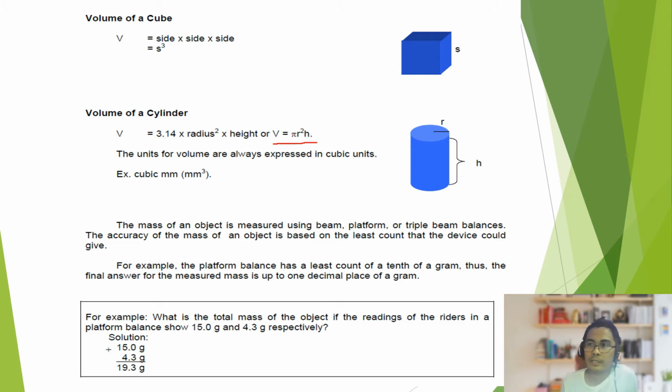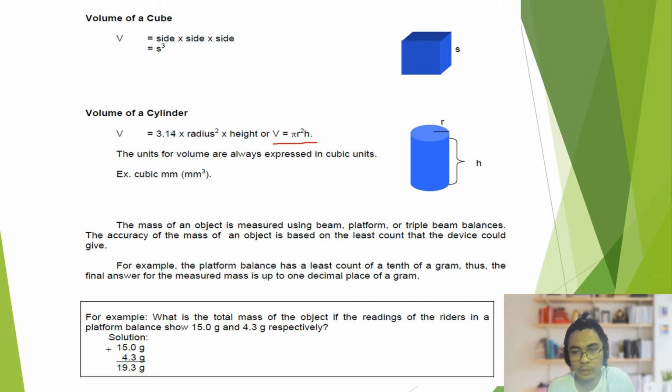And there are devices naman na some sort of that will only give us a rough estimate of that mass, okay? For example, the platform balance. So itong yung platform balance, ito yung common na makikita natin sa laboratory, okay?